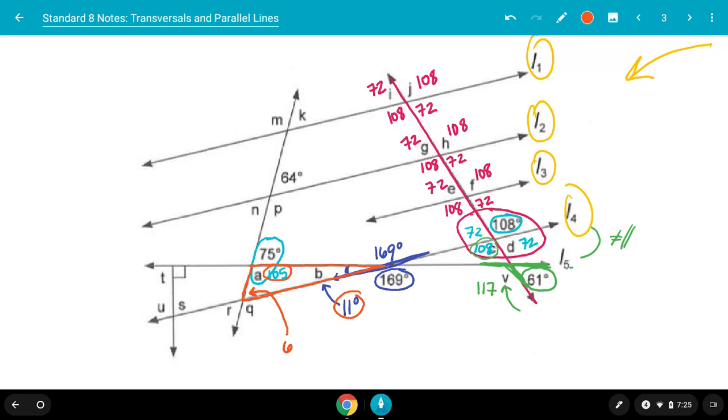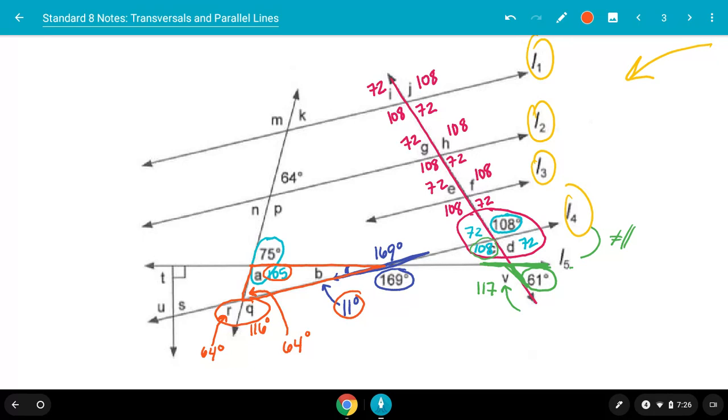I used my calculator and I got 64 degrees, which means R is also 64 degrees, which means I can figure out Q because, oops, maybe I can't. Just kidding. Because these two are supplementary, so Q is 116 degrees. Interesting. Okay.